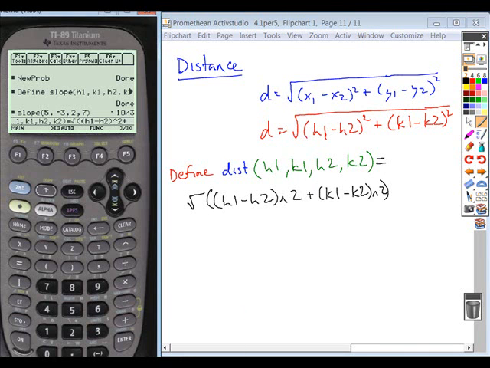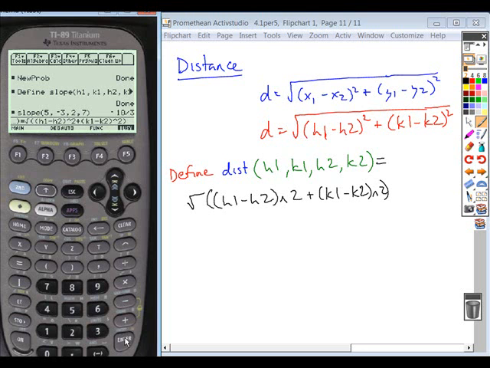So if we add, again, parentheses, k1 minus k2, close the parentheses, caret symbol 2. Okay, and now we can close off that entire grouping. So this is our calculation for the distance.